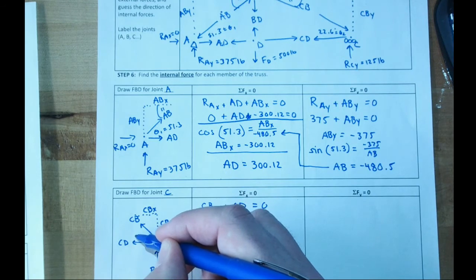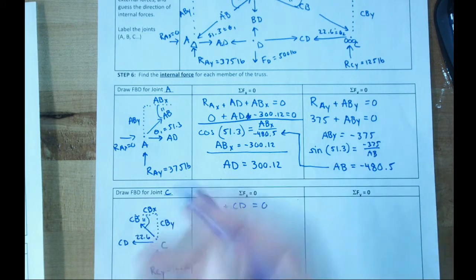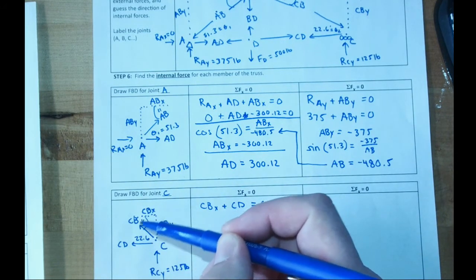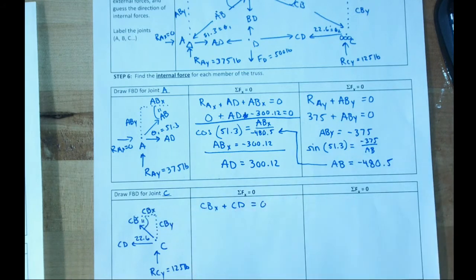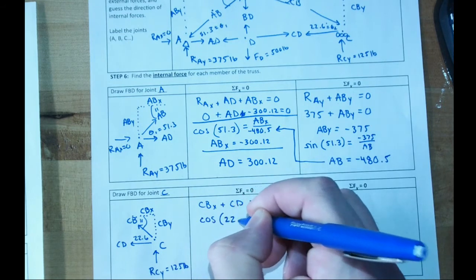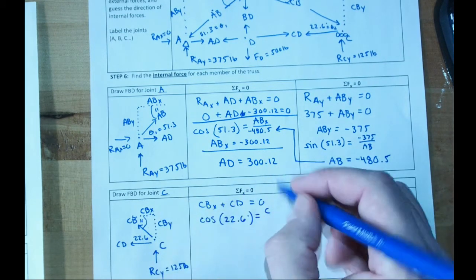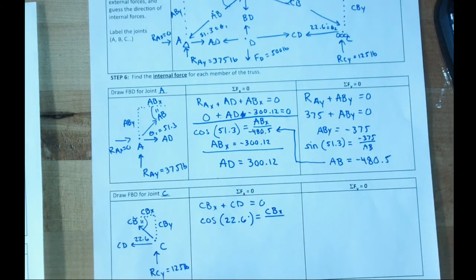Theta should be 22.6, which makes this 22.6. So in that case, you have opposite, adjacent, hypotenuse. So we have adjacent divided by the hypotenuse, which uses cosine. Theta is 22.6 degrees. Again, adjacent over hypotenuse.